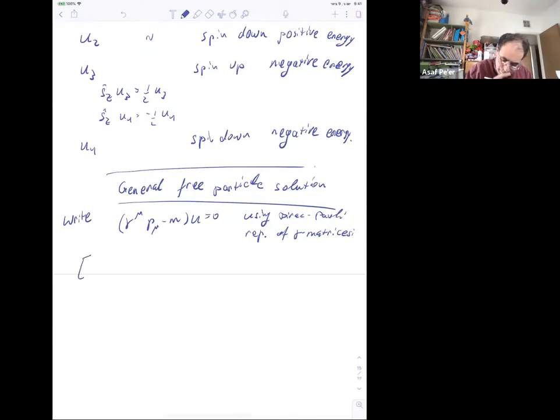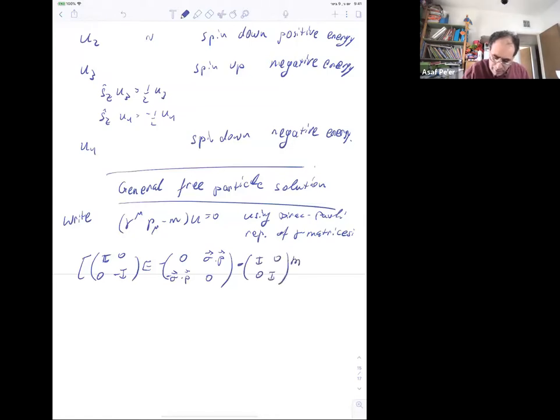So gamma 0 is just I, 0, 0, minus I, in the 2 by 2 block form, times E, minus 0, sigma dot P, sigma dot P, 0, minus I, 0, 0, I, times m. U is equal to 0.